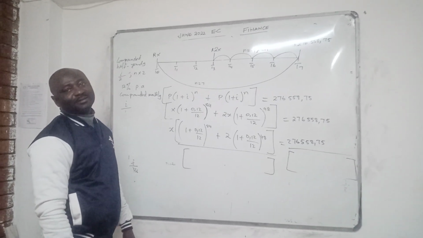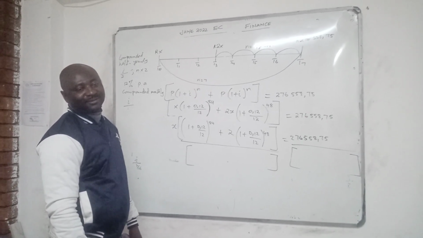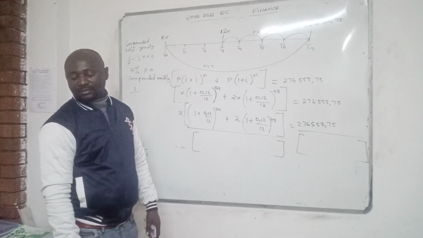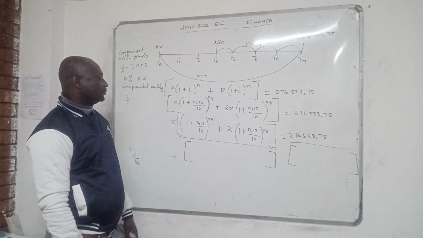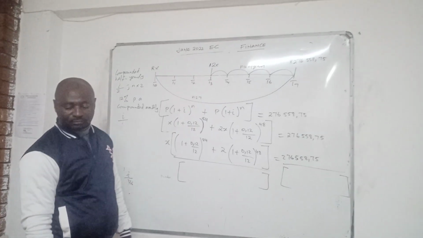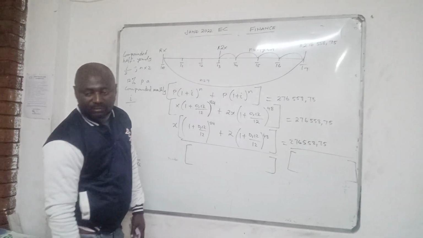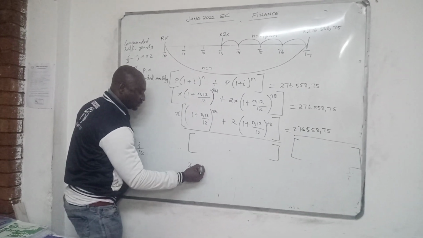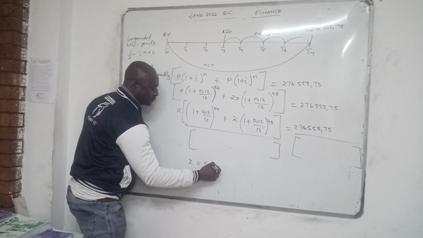I'm waiting for the answer. Answer is 50,000. Okay. So our x is equal to 50,000.